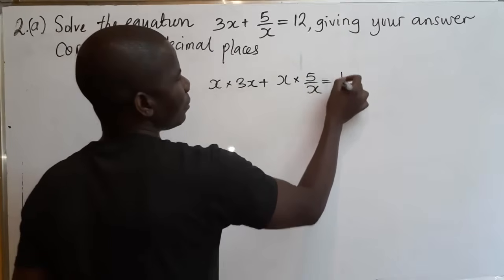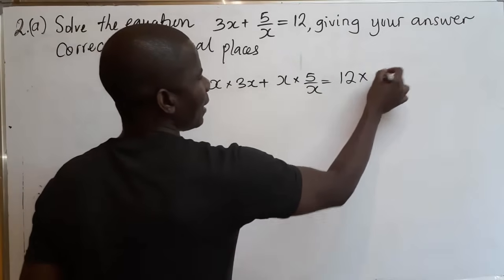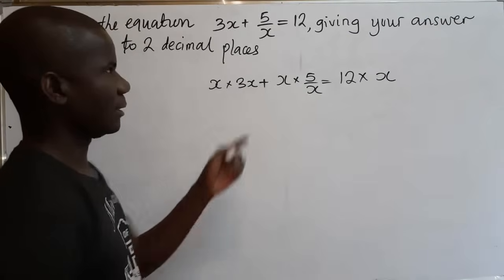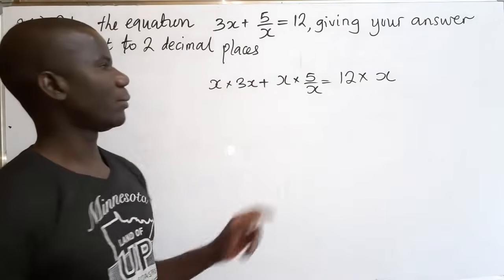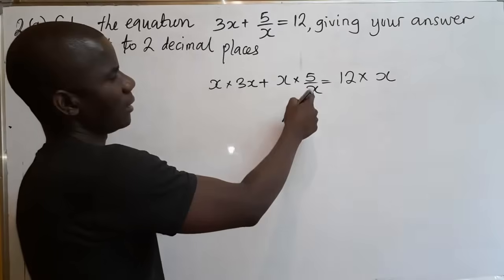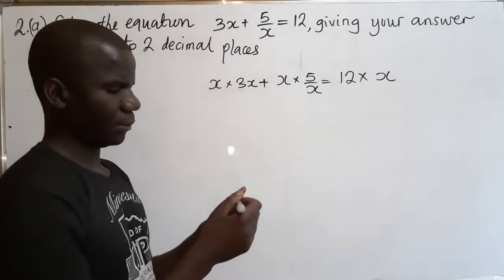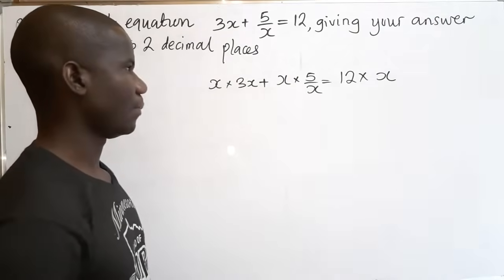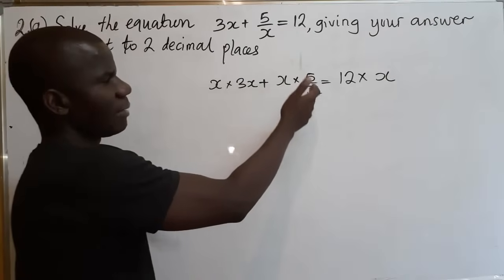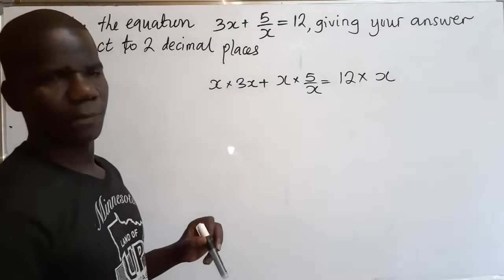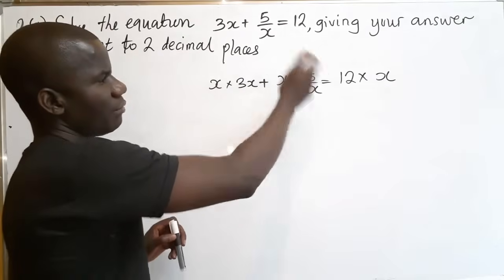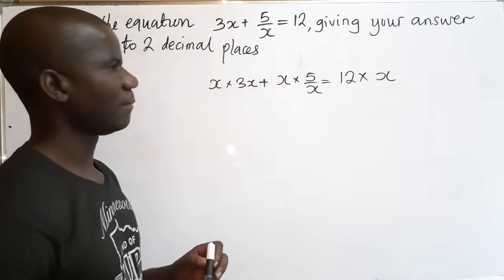This is equals to 12 multiplied by x. So the idea is that we want to get rid of this x here, so that this x and this one can cancel each other. In other words, x divided by x, we get 1. 1 multiplied by 5, it will be 5. So take note of that.